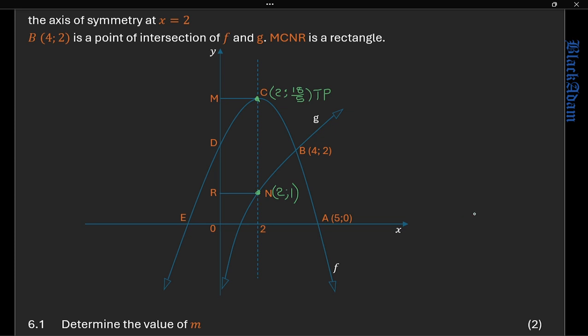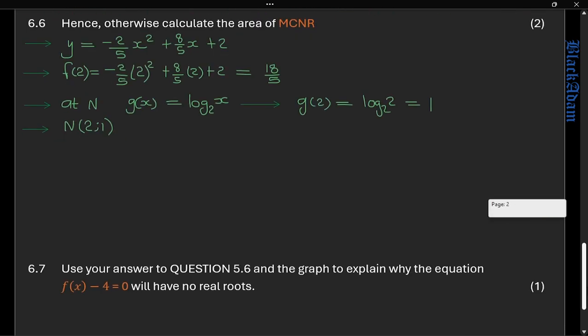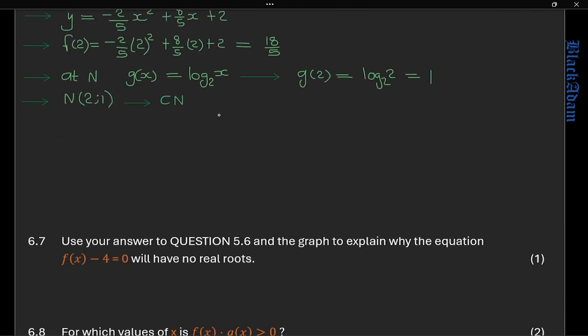Now we can find our distance cn. Our distance cn is going to be 18 over 5 minus 1. And then we know that our base is 5, so it's going to be 18 over 5 minus 5 over 5. So 18 minus 5 is going to be 13. So it's going to be 13 over 5. So that's cn. So MCNR is a rectangle. So by having a rectangle, we have area equals base times height.